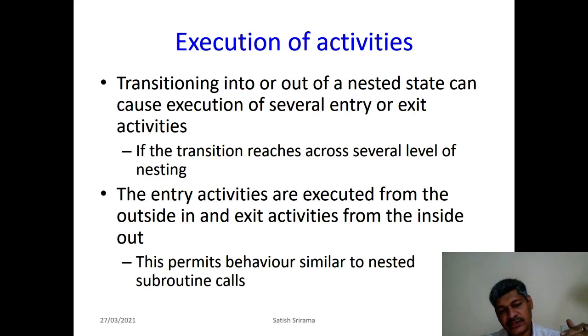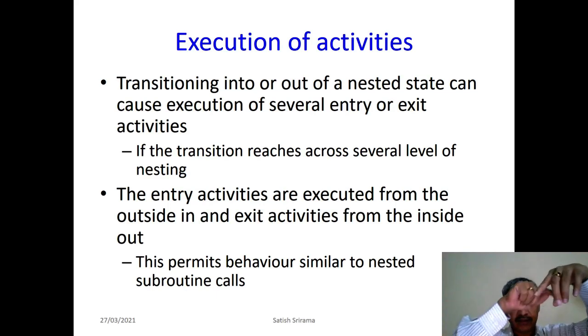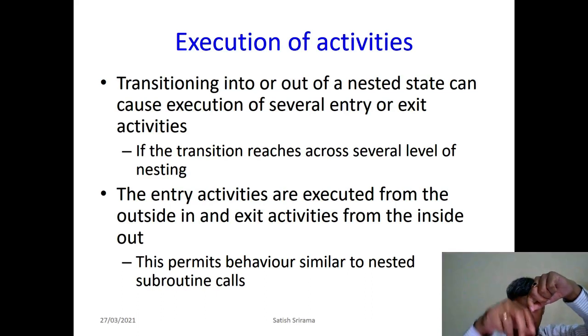The entry activities are executed from the outside in. For example, the upper level has a composite state with nested states. If there is a transition into one of the nested states, which are further nested, the entry activities of the first level will be executed, then the entry activities of the second level, then the third level.